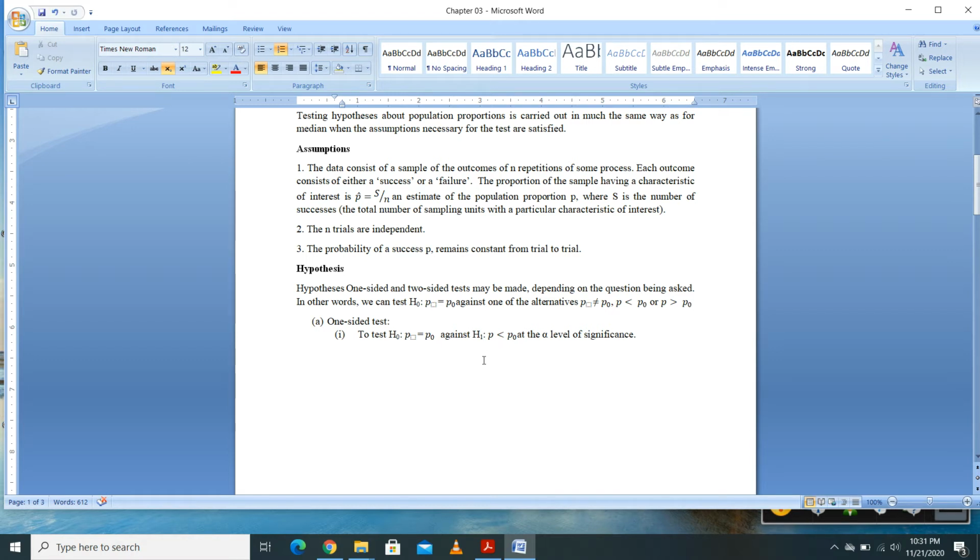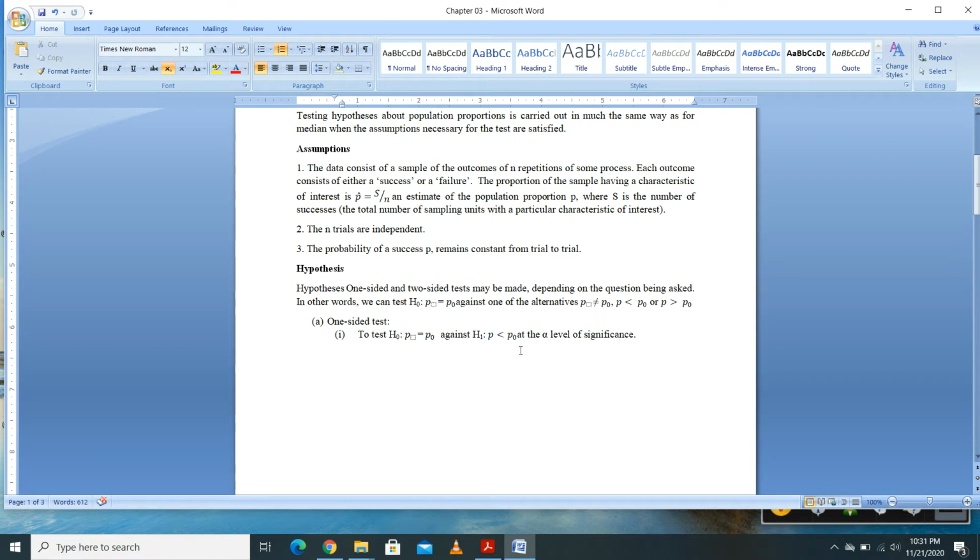Let's say you take the population proportion as P, and you want to test whether the population proportion is less than a given value. I'll take the given value as P naught. So you can write the one-sided hypothesis H1 as P less than P naught.